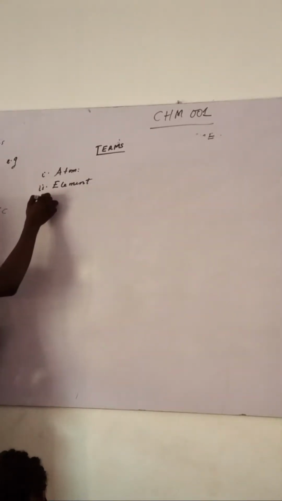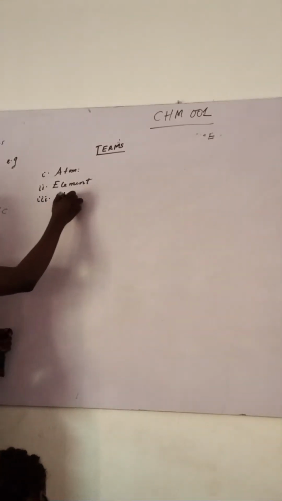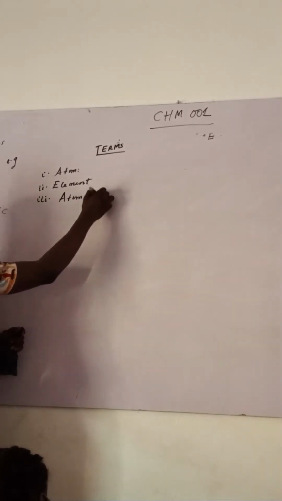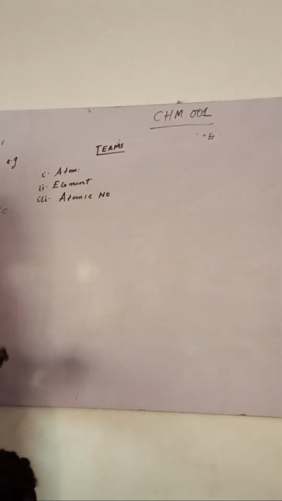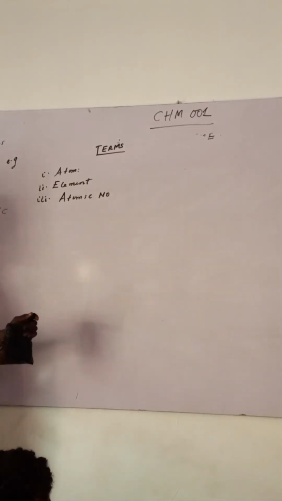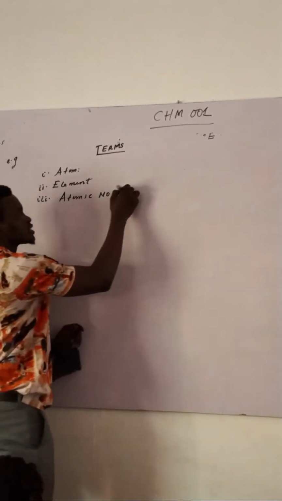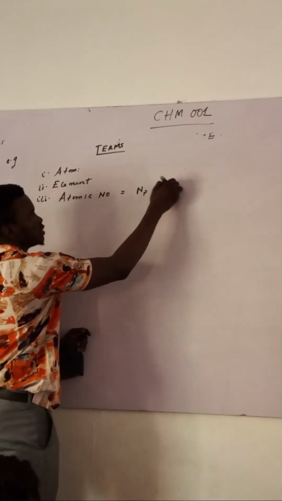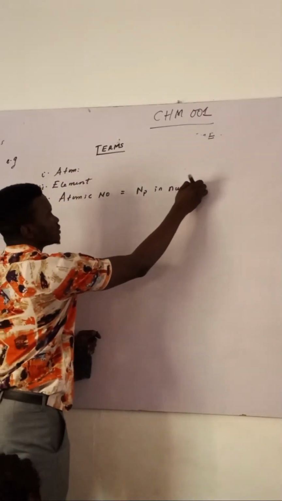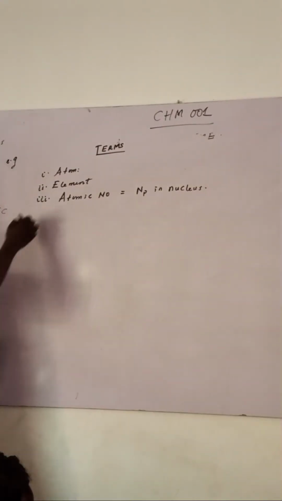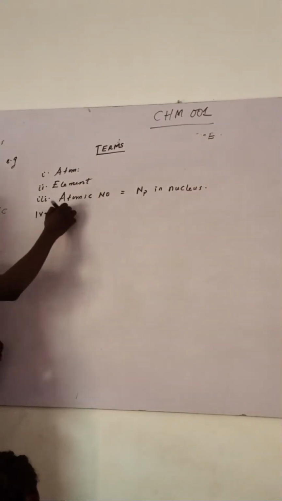Another thing you need to know is atomic number. Atomic number is simply defined as the number of protons in the nucleus. Then mass number.